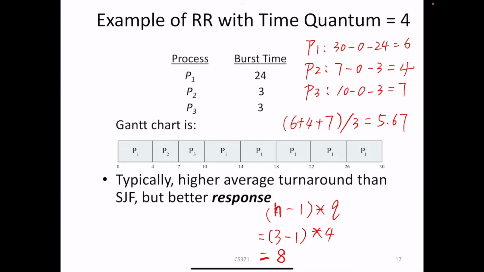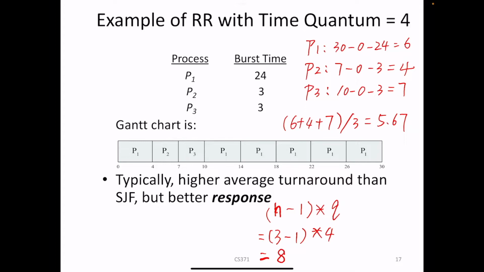Again, we use a Gantt chart to illustrate this example. We assume all three processes arrive at the system at the same time 0, in the order P1, P2, P3. Then P1 is put onto the CPU first and executed for 4 time units because the time quantum is 4.